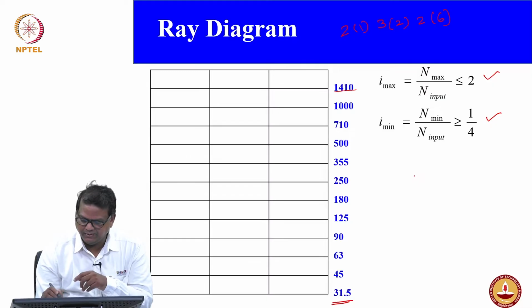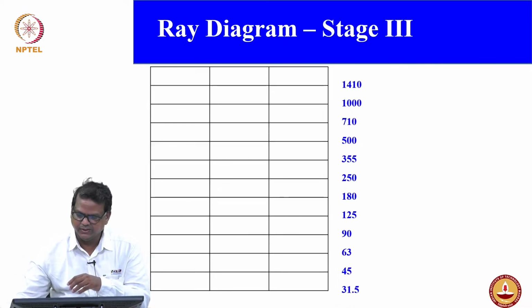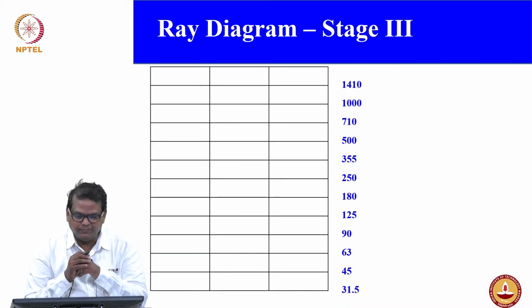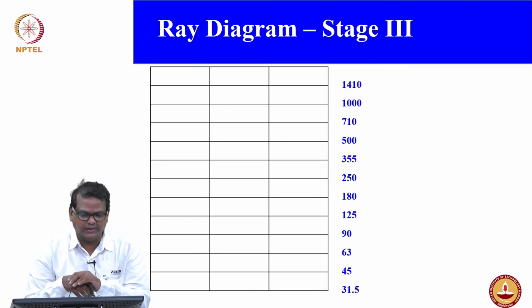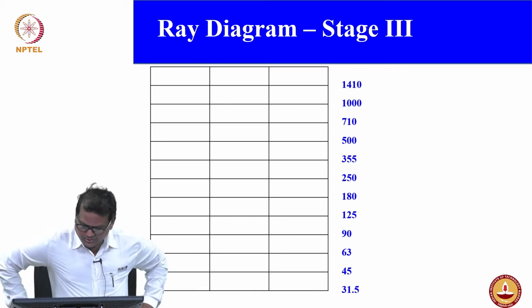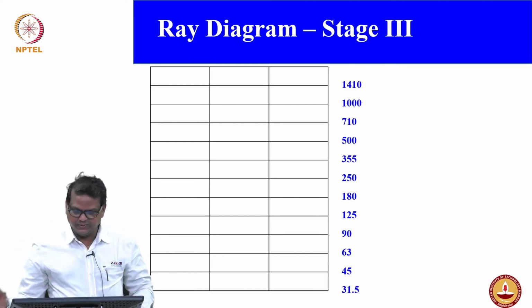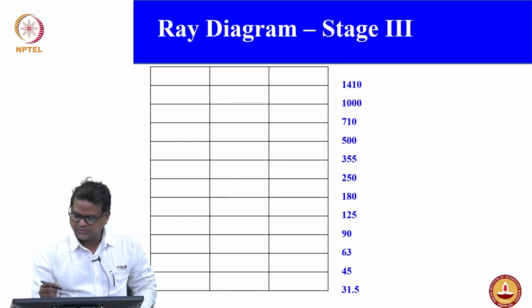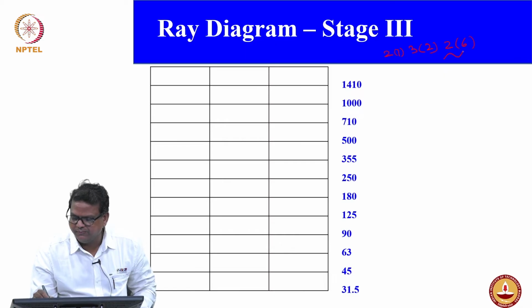Already we have the minimum speed 31.5 rpm clearly given and 1400 as the maximum speed. From there we need to construct the ray diagram. If you look at the given structural formula, we keep using multiple times 2 of 1, 3 of 2 and 2 of 6. So this is the one we are going to focus on now, the third stage.